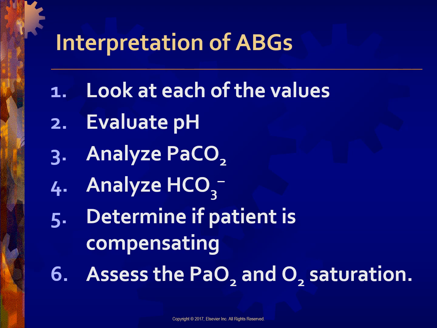So knowing whether it's compensated or uncompensated, you've got the first name of this blood gas. It's either going to be compensated when the values are normal, or it's going to be uncompensated if it's not between 7.35 and 7.45. If the value is less than 7.35, it's acidotic. So just looking at the pH, you know whether it's compensated or uncompensated, and whether it's acidotic or alkalotic.